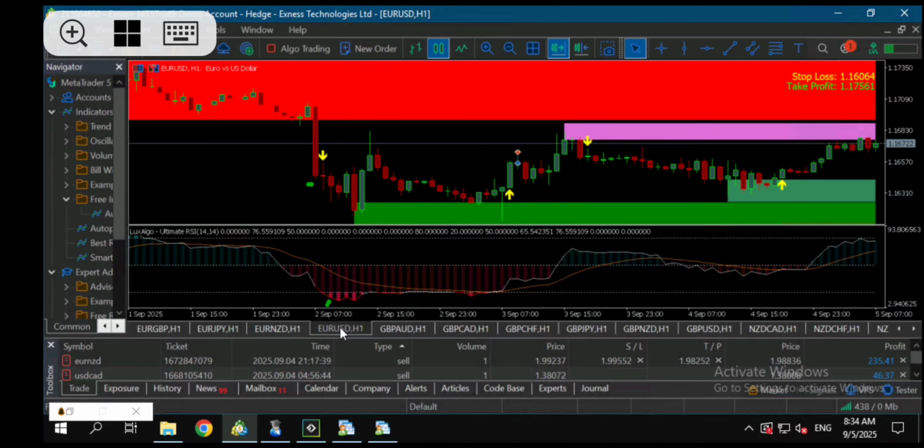Now let's look properly at how to incorporate the RSI indicator with the zone detector, the AutoZone indicator which has been introduced to the group earlier. We can see here, price was at the oversold level, but then price continued to sell.